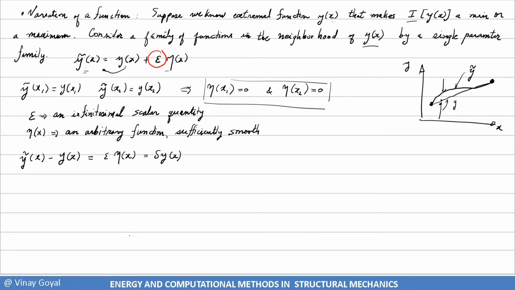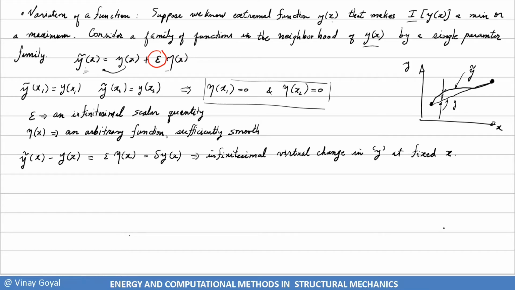And I'm going to consider del y to be an infinitesimal virtual change in y at a fixed x. So I hope that's clear. I hope it's clear to you that this del y here is this distance right there.